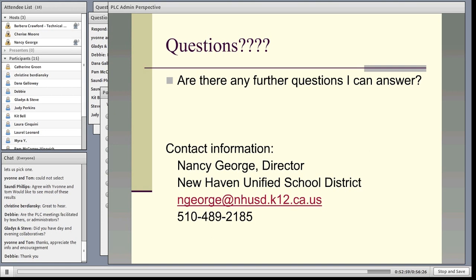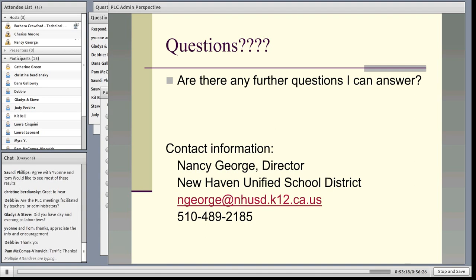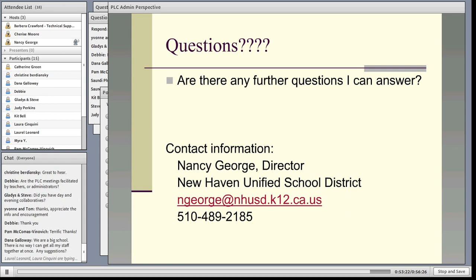We didn't do day and evening separate collaborative team meetings. Each program area had a team meeting, and that program area decided collectively on the time they wanted to meet. So for a while, because we had both day and evening ESL teachers, they would meet in the afternoon, because that kind of split the difference between day and evening.